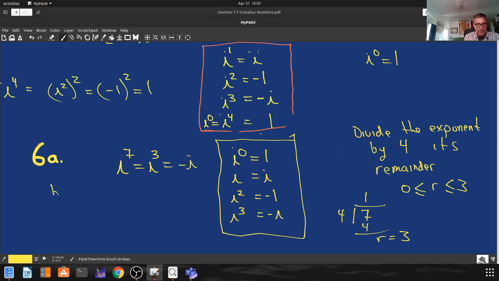So let's do B. I to the 20th. Well, again, we're going to divide 20 by 4. Well, that goes in evenly with remainder equal to 0. So this is the same as I to the 0th, which is equal to 1. See? I to the 46.